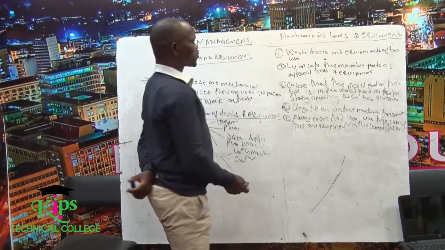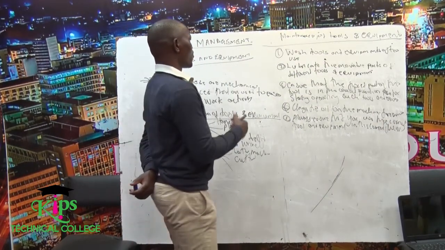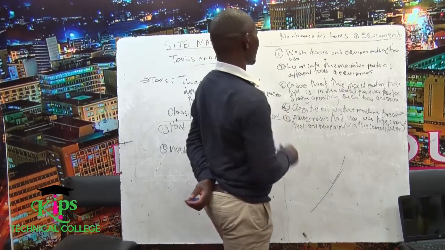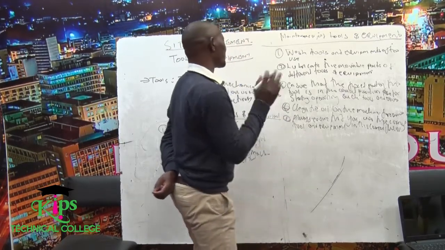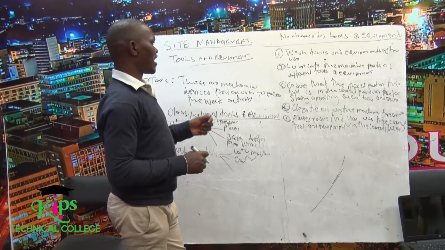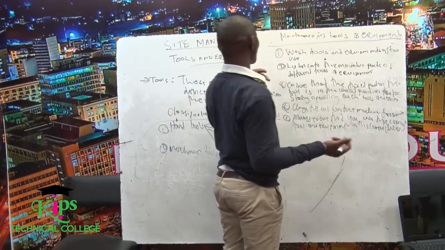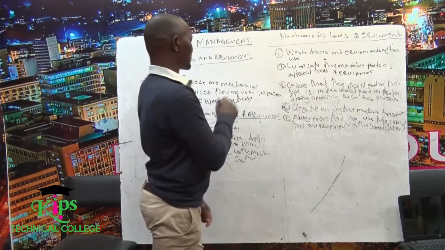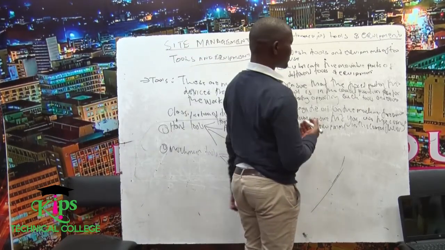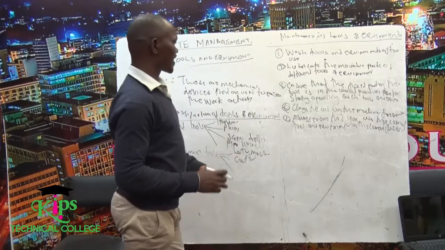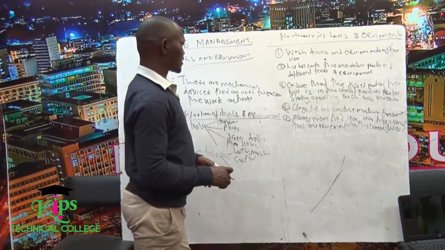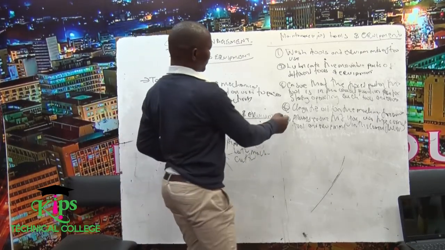So if you want to drive a nail inside a timber, always use a hammer. Don't use a pipe wrench when nailing these nails into the timber. So use the correct tools for the correct work. So this is number 5.